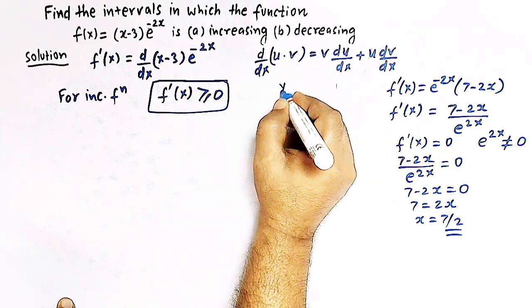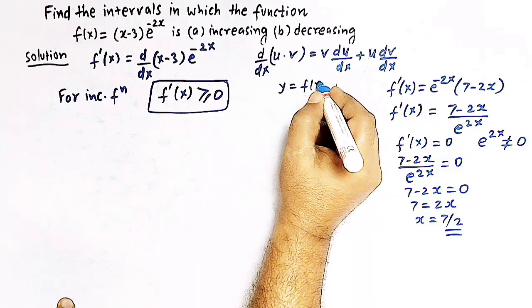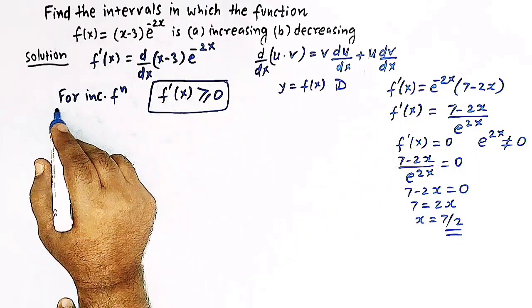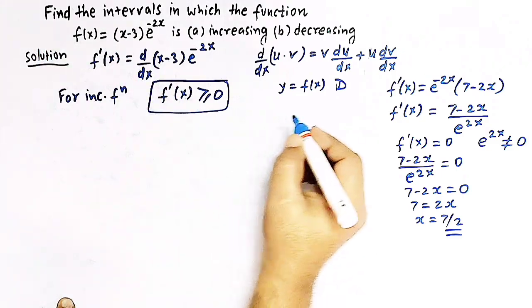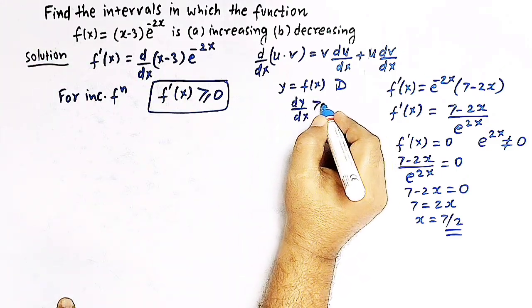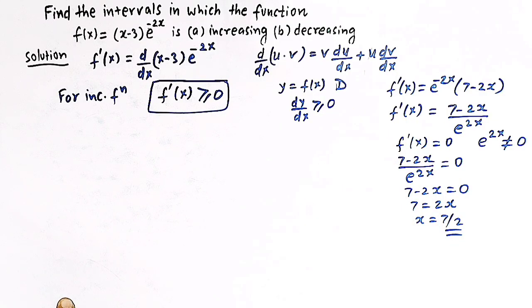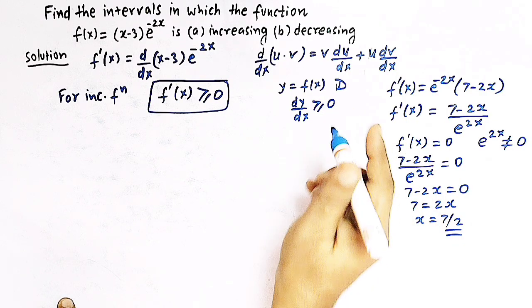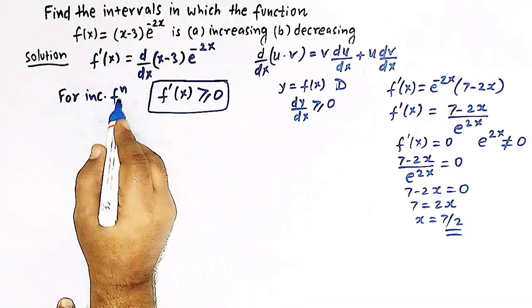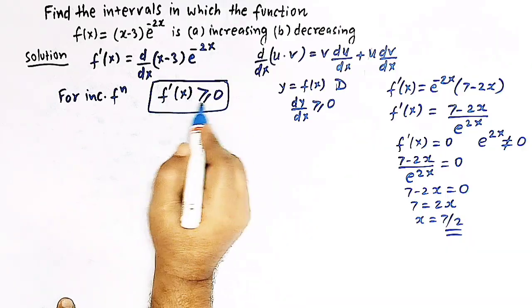And if we take the function as, say, y is equal to f of x, which is defined in some domain D, then the function is said to be an increasing function if dy over dx is greater than or equal to 0 for all x belonging to the domain. So here for increasing function we must have this condition.